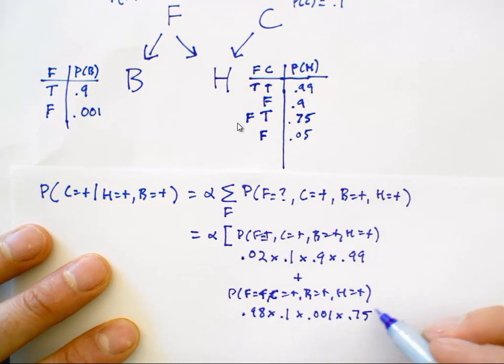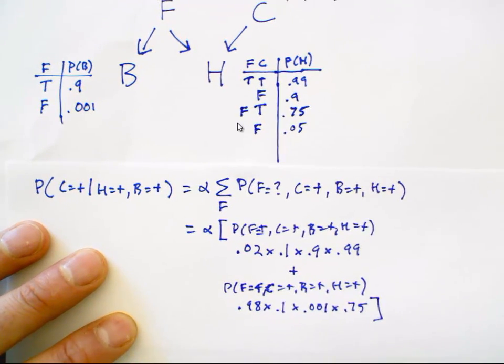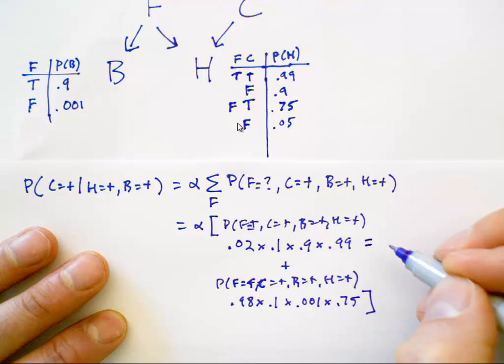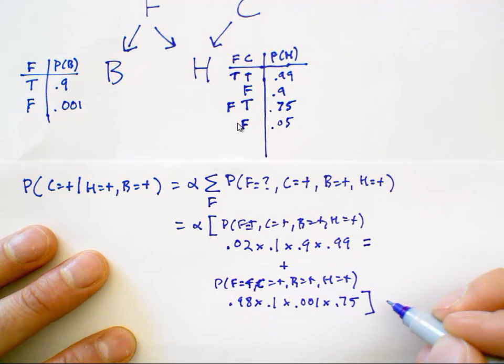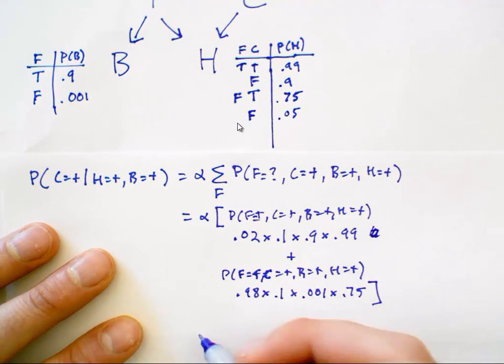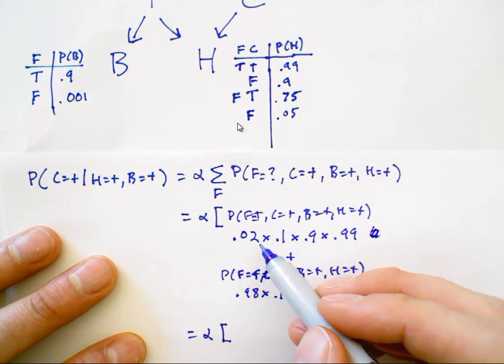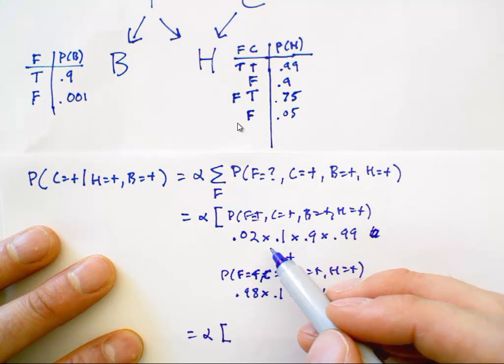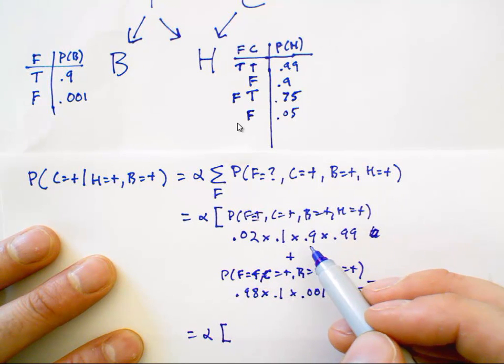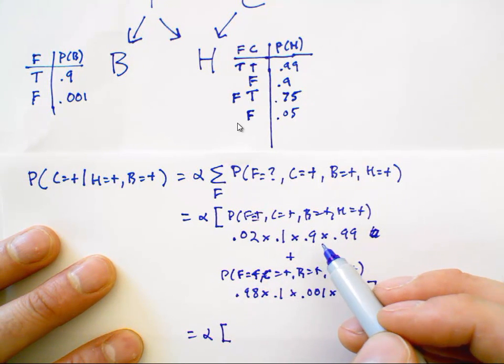Excellent. Now, let us call upon our computer. Matt, what do we have here? 0.02 times 0.1 times 0.9 times 0.99.